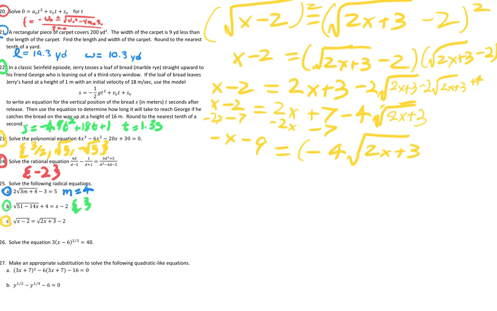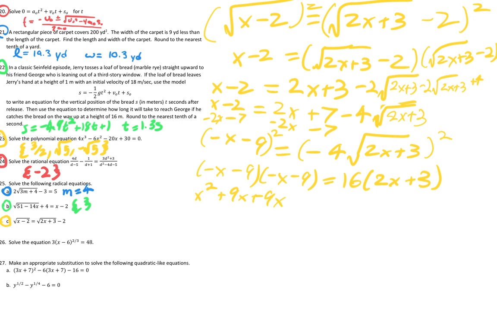I'm now going to square both sides again. So we're going to have negative x minus 9 times negative x minus 9 is equal to 16 times 2x plus 3. On our left side, I'm going to FOIL out, so x squared plus 9x plus 9x plus 81.